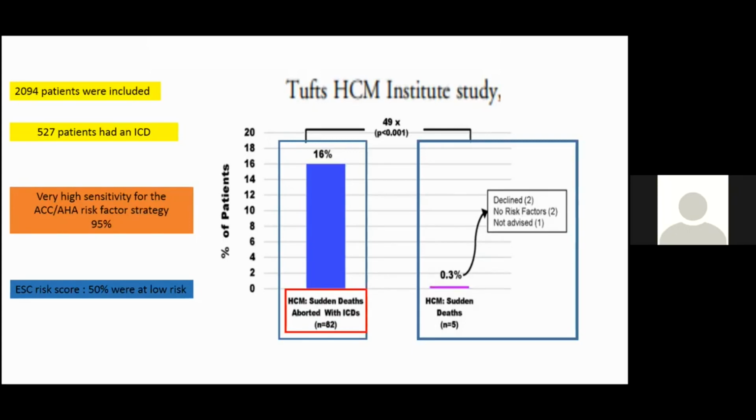But the original study was a prospective study where they included 2,094 patients and assessed them for ICD, and they indicated ICD placement for 527 patients, and they followed them, and they noticed that 82 of the patients who were implanted with an ICD have had life-saving shocks, and only 5 patients of those who didn't have an ICD had sudden cardiac death. Thank you.